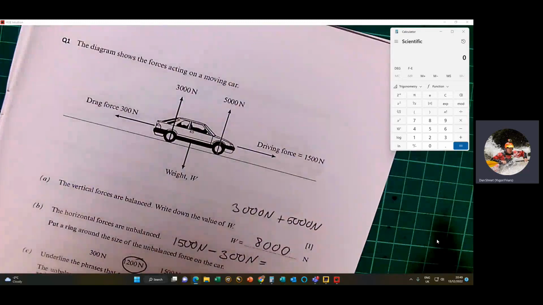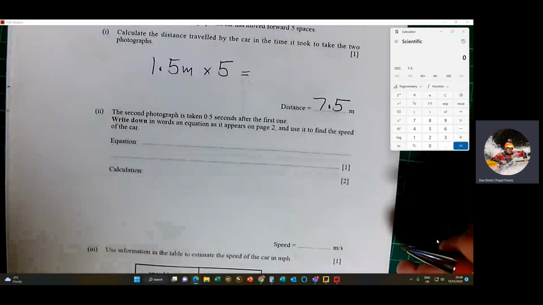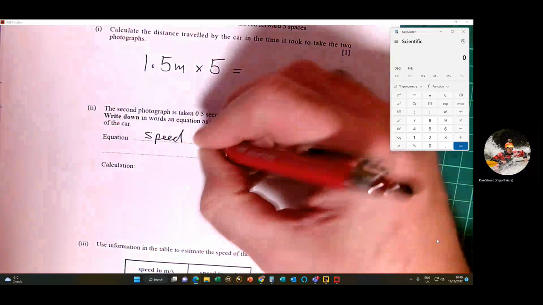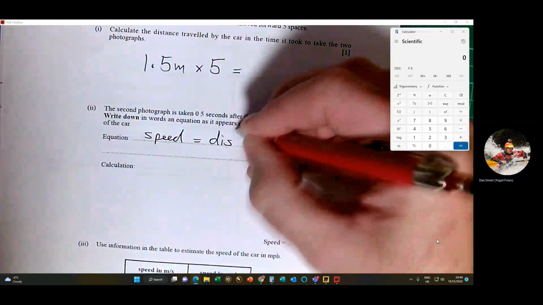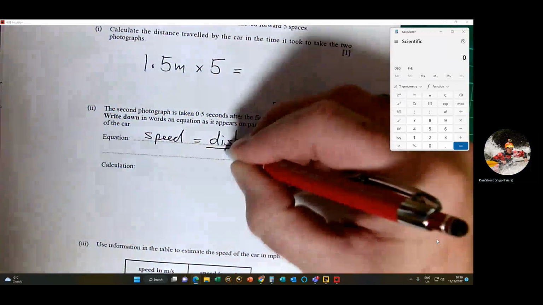So if we go back to our question, our equation is going to be speed equals distance divided by time.